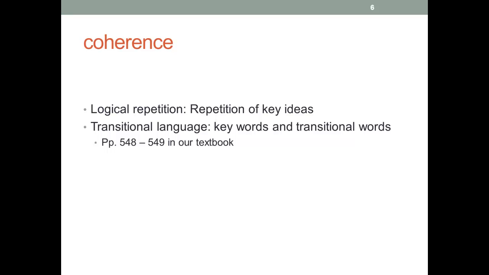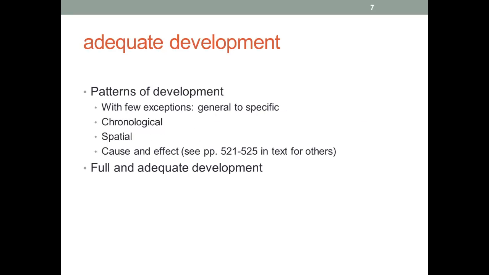And we provide coherence through transitions and the repetition of key words. We've got transitional words in our textbook on these pages, and look for those, and do not artificially insert a transitional word with each sentence, but consider providing coherence within your paragraph.